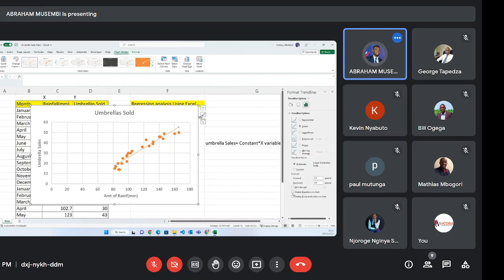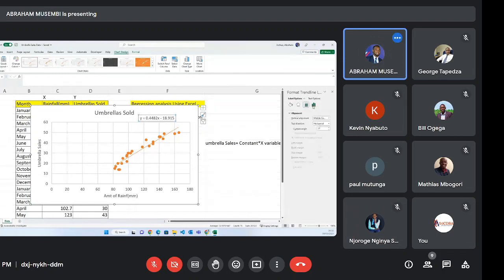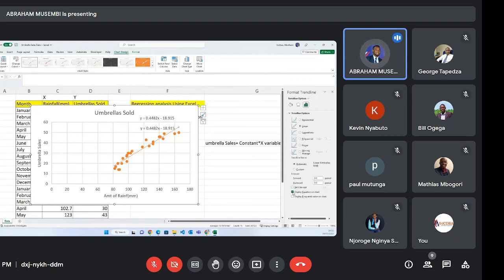I will need to display the equation of the straight line. You can see this is the equation of the straight line. Just let me go back. I want more options. Then I will need the equation of the straight line, and also display the r squared. Now in this case, what is r squared?